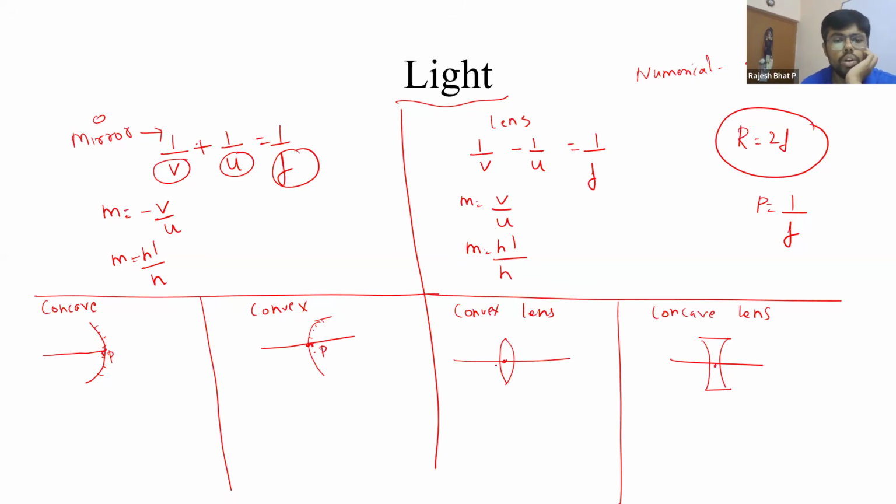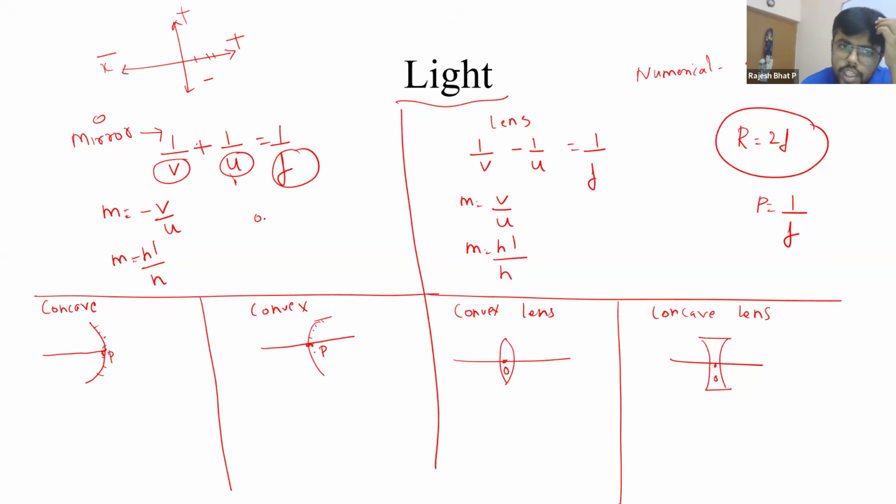This also is called pole. This is the optic center. Consider this as the origin point. You know this, no? Coordinate axis. This is the x-axis. This is the y-axis. Whatever you write upward is positive, downward is negative, and left side is negative.